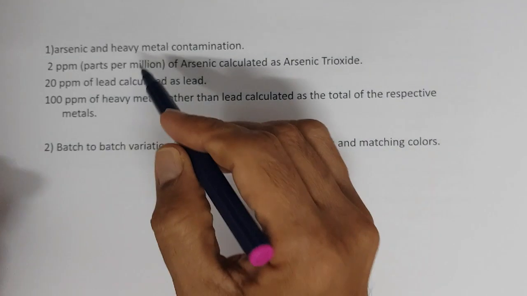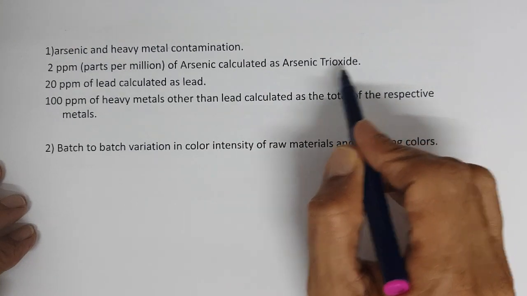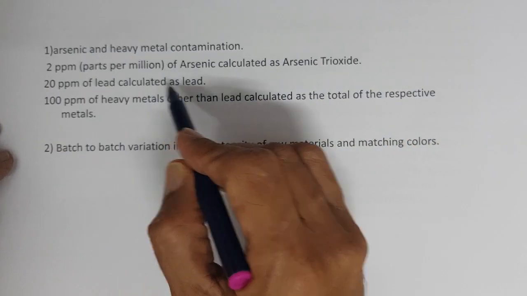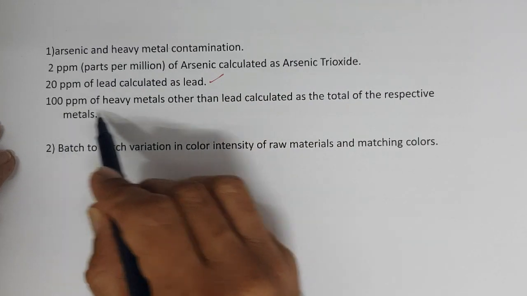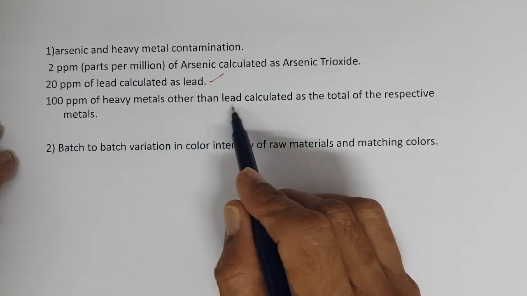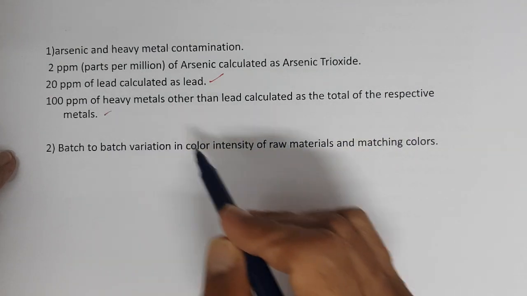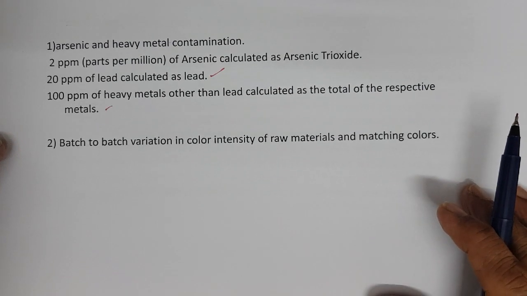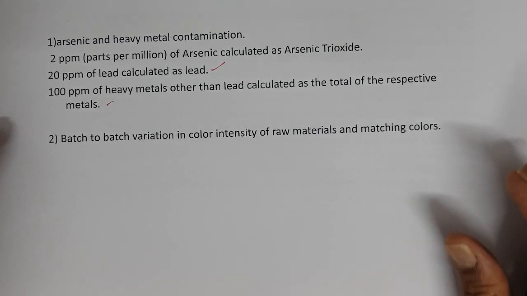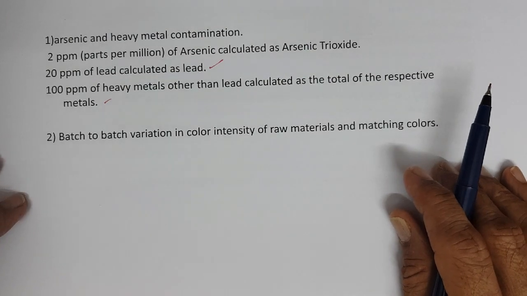We have to see 2 ppm of arsenic calculated as arsenic trioxide, 20 ppm of lead calculated as lead, 100 ppm of other heavy metals other than lead calculated as total of the respective metals, right? This is one thing. Heavy metal contamination, we have to be careful. There should be a strict control.